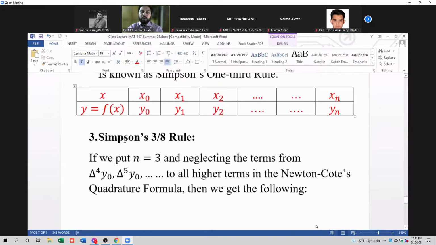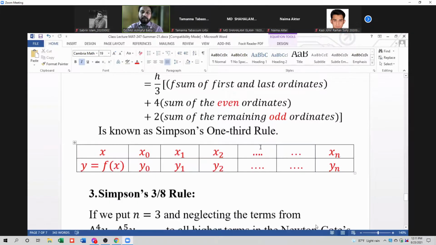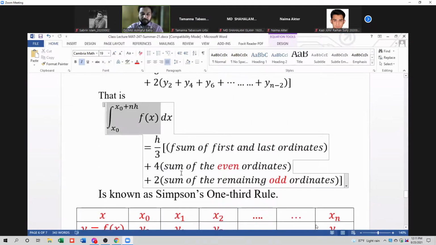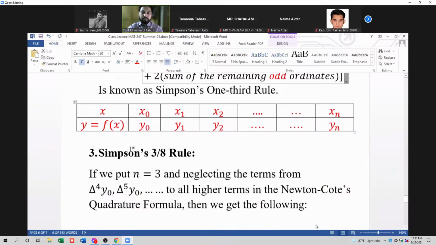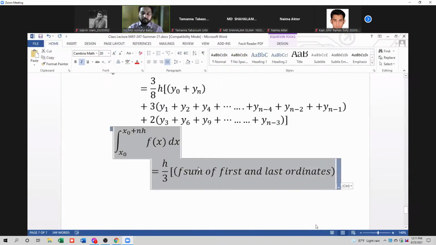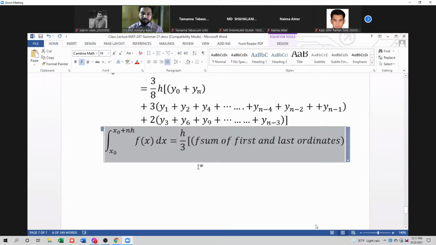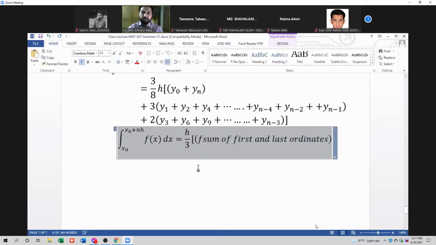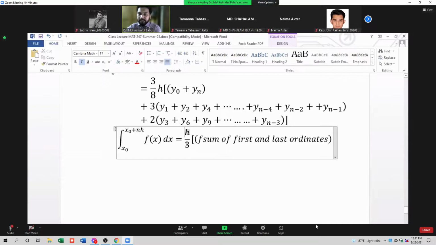So we can copy the terms in here. First and last ordinate, it will be 3 by 8.